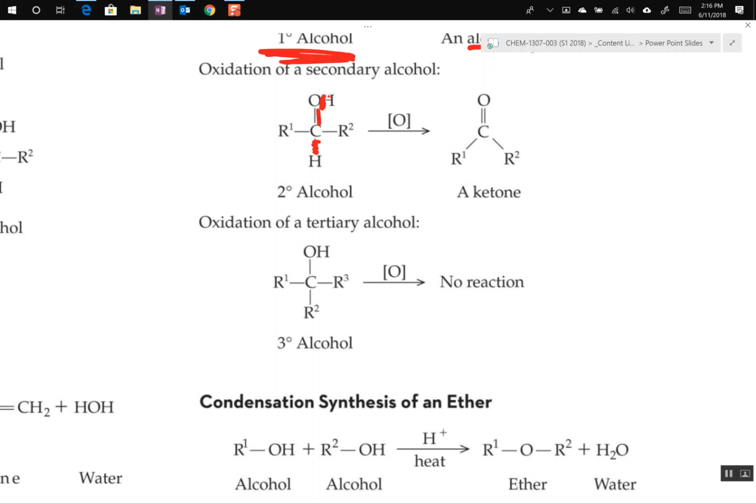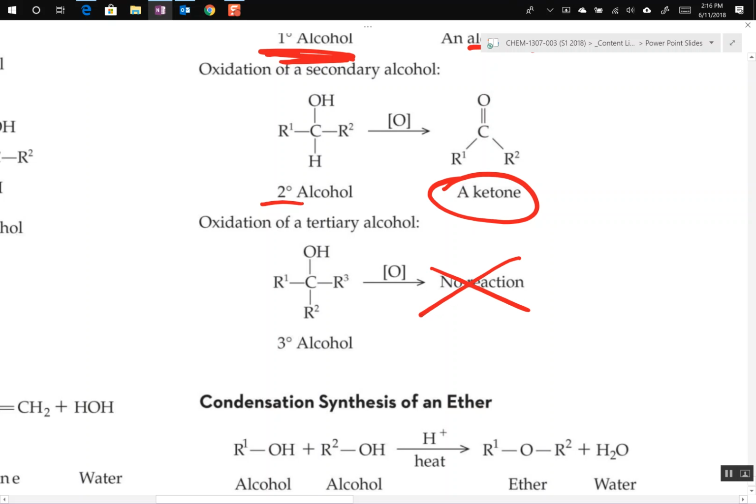That's because this was a what type of alcohol? Secondary. Secondary alcohols are attached to two carbons, and they produce ketones. So primary alcohol will produce an aldehyde, secondary alcohols will produce a ketone, and tertiary alcohols will produce nothing, right?